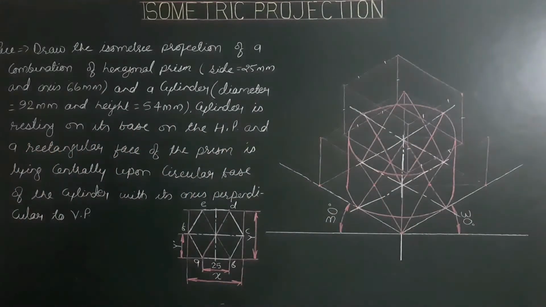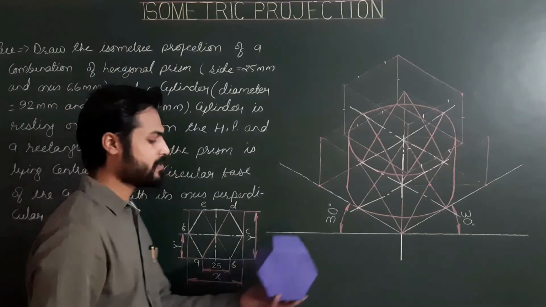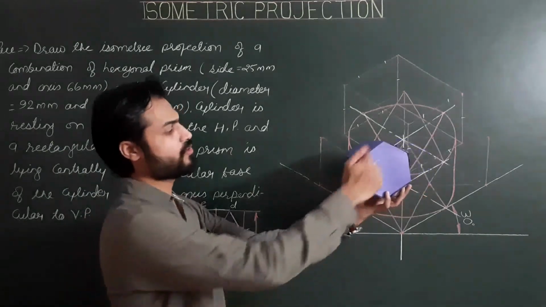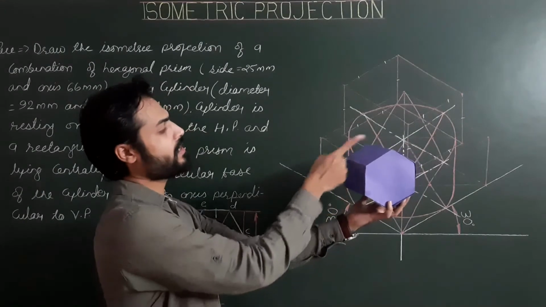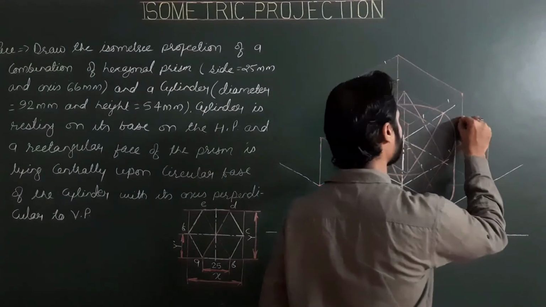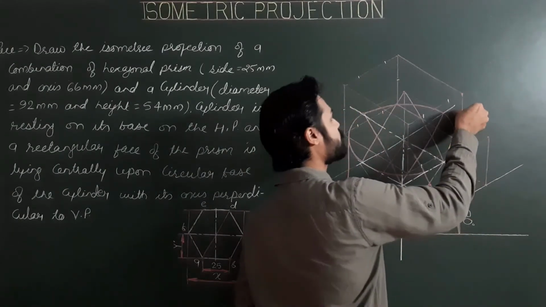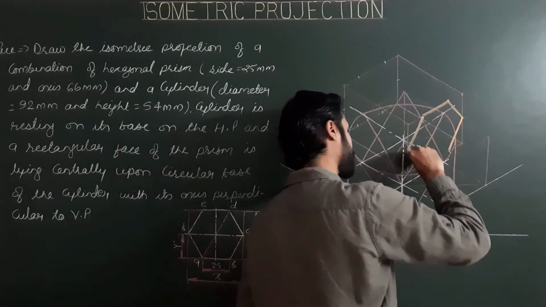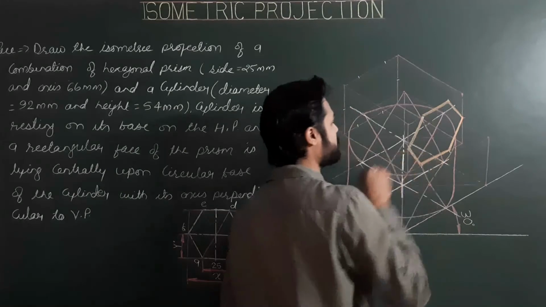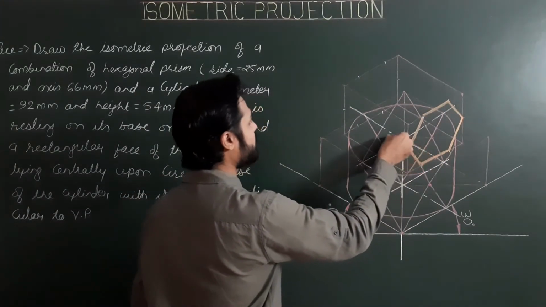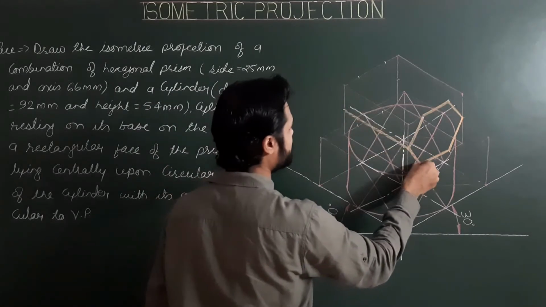Now, in the last step, we have to show all visible sides and generators of the hexagonal prism. So the front face is completely visible and these generators are visible generators. So starting from the front face, showing all visible sides of the hexagonal base first, and then the corresponding generators.